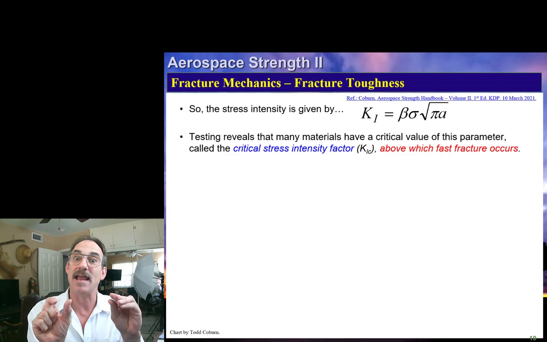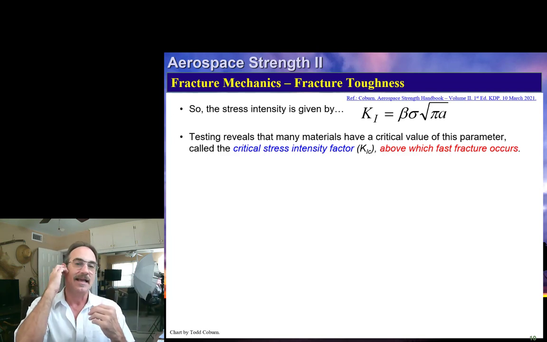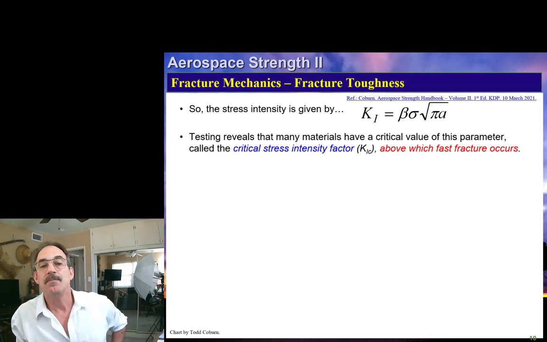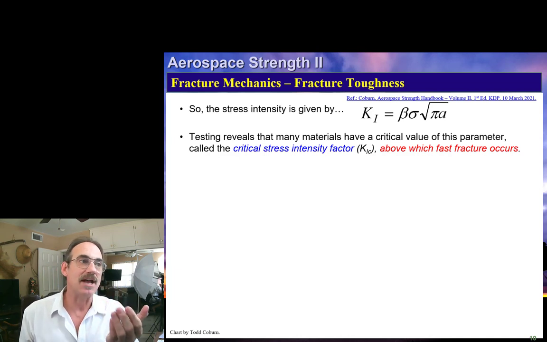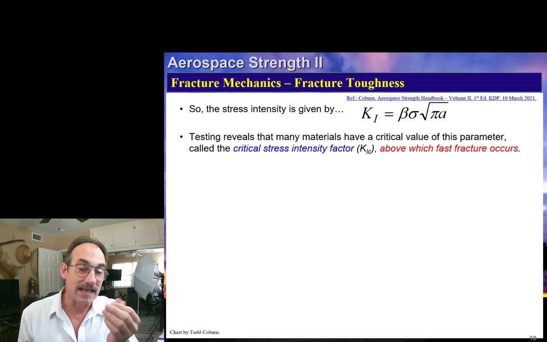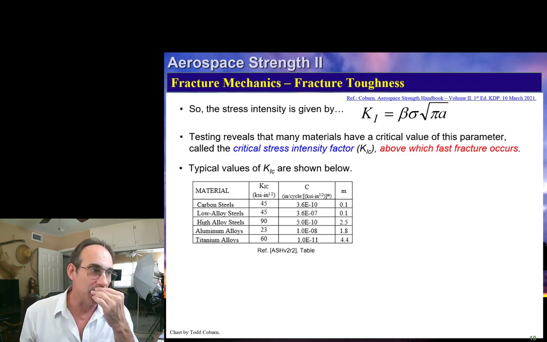You're getting the square root of A that's causing it to increase, plus you're getting beta that it's increasing, and a lot of times that increase is nonlinear. However, we're going to find that it will continue to grow in a reasonable fashion until you reach this critical stress intensity, and then the crack is going to tend to grow quite rapidly and abruptly. So we want to stay away from that critical value.